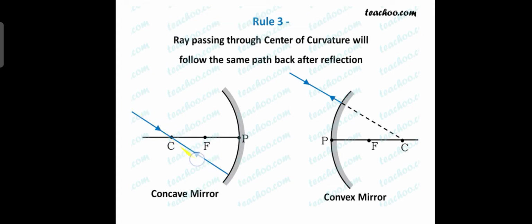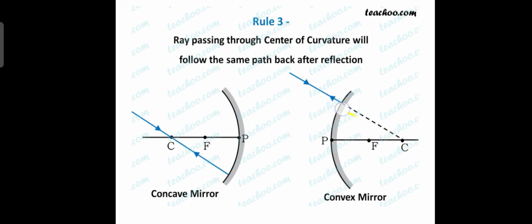If the ray is passing through the center of curvature, it will be reflected through the center of curvature itself. In the case of the convex mirror, when a light ray is directed toward the center of curvature, it passes through the center of curvature.